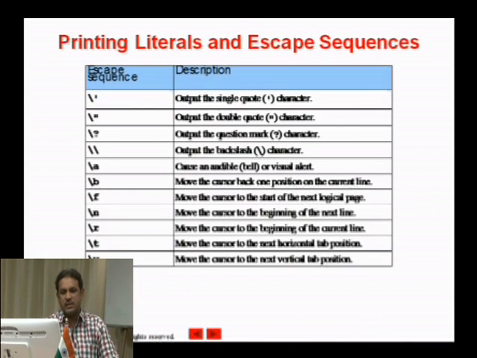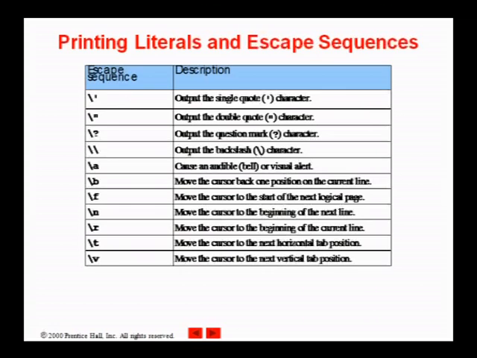So escape sequences: backslash single quote displays a single quote, backslash double quote displays the double quote, backslash question mark displays a question mark, double backslash displays the backslash character, \a is an audible bell or visual alert, \b moves back one position on the current line, \f moves to the start of the next logical page, \n moves to the beginning of the next line, \r moves the cursor to the beginning of the current line, \t is the horizontal tab position, and \v moves the cursor to the next vertical tab position.